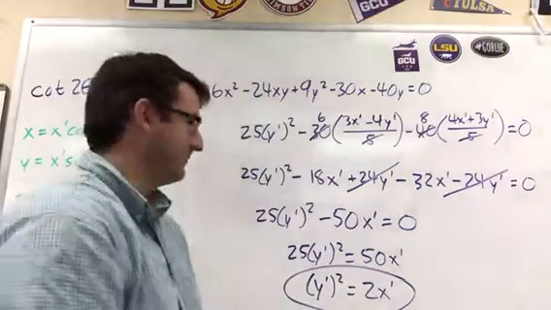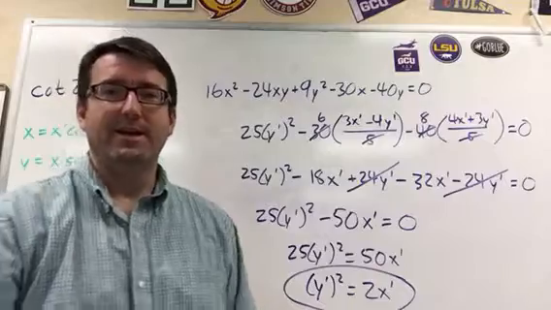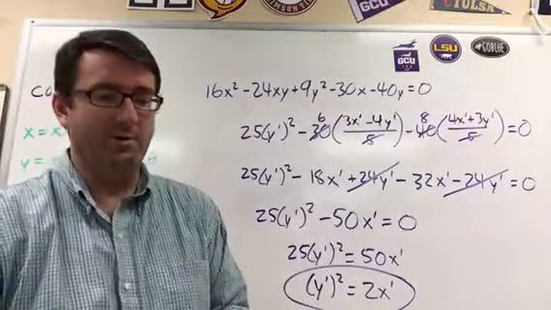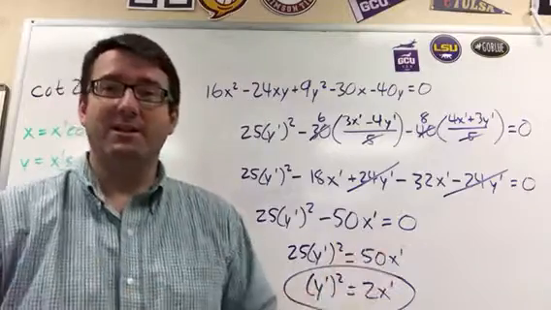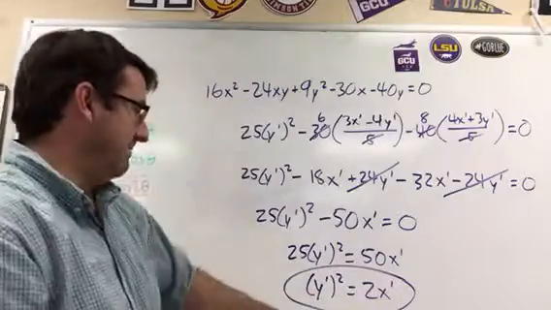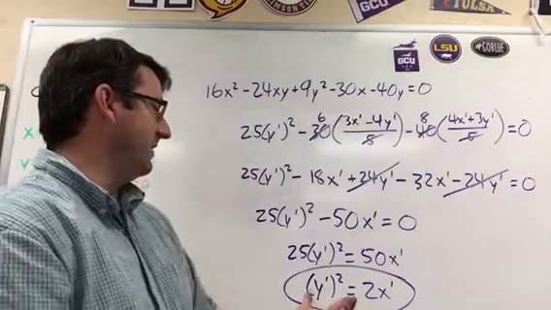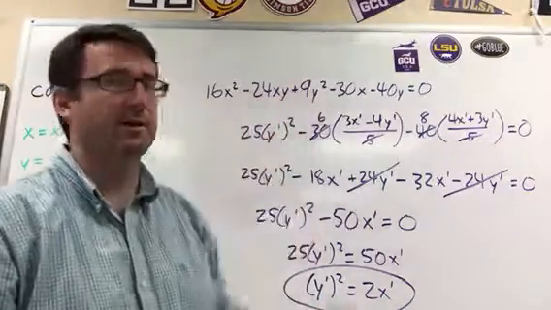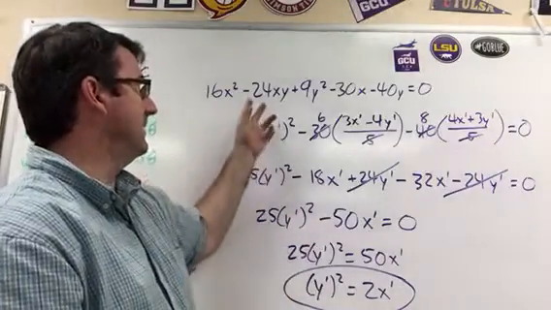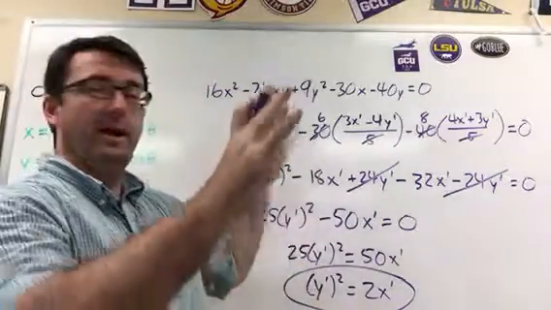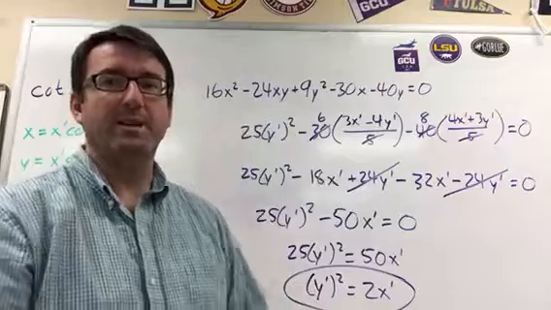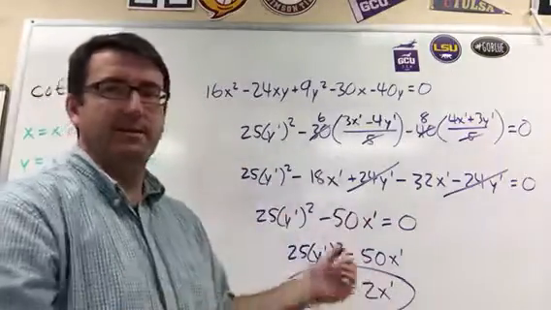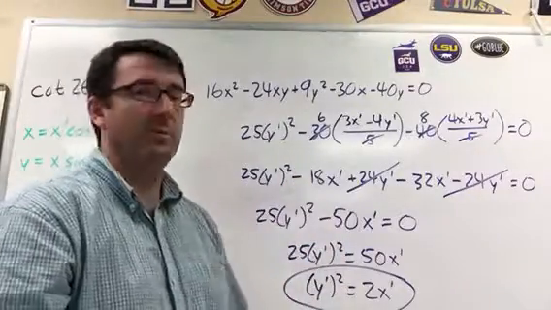So in the end, it did become a lot simpler than the equation that we were originally given. In the middle, not so simple. But in the end, we were able to create a much simpler equation for this conic section by rotating the x, y axes onto these x' and y' axes.